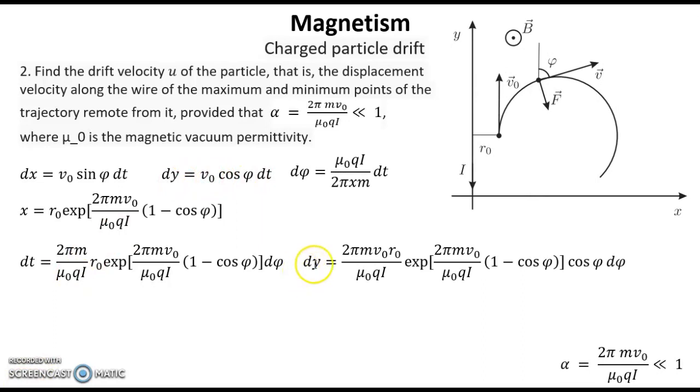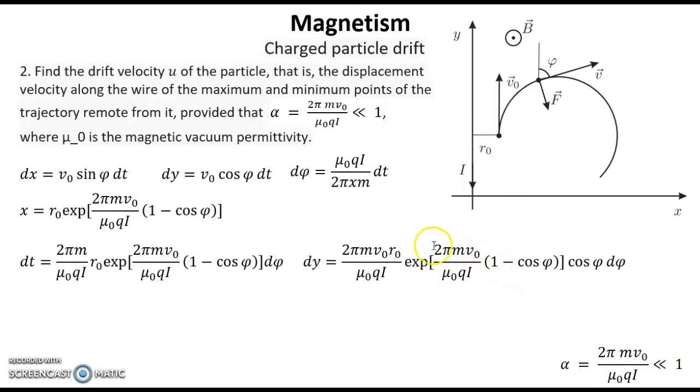So we have an expression for dy as a function of cosine, and we could integrate this expression, but this function has no straightforward integral in elementary functions. But now we can use this estimation, that this coefficient is much less than 1.